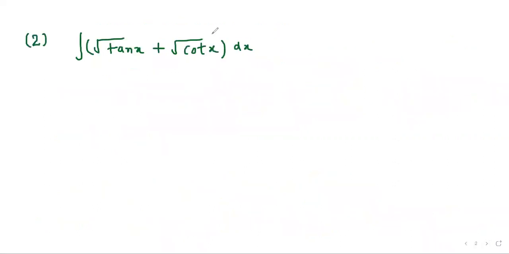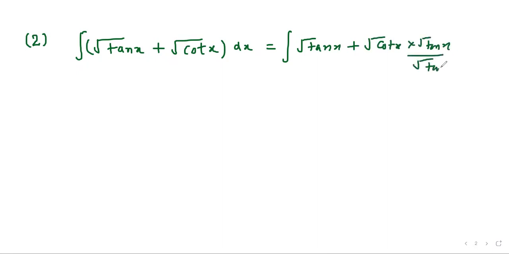Now, question number 2. Question number 2 says integration of root of tan x plus root of cot x dx. So this can be written as root of tan x plus root of cot x times root of tan x divided by root of tan x dx.